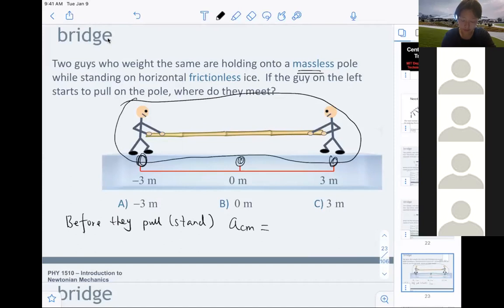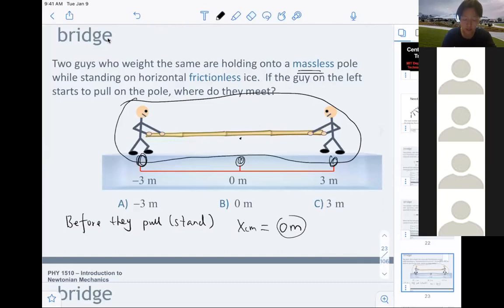It's at 0 meters in the x direction, and in the y direction, they appear to be the same height. So it's wherever their center of mass is, maybe around the belly button. Usually that's where our human center of mass is. But I'm talking about the X position, which is really just in the middle. They're the same weight, so right in the middle.